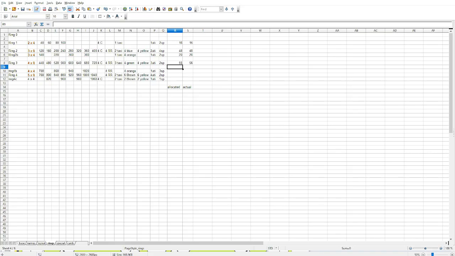Okay, so this version of the chart that I have in my PowerPoint does not actually have a ring for C. I hadn't come up with that idea yet. Ring 4B, though, does have 28.